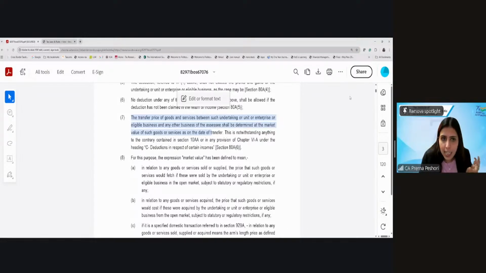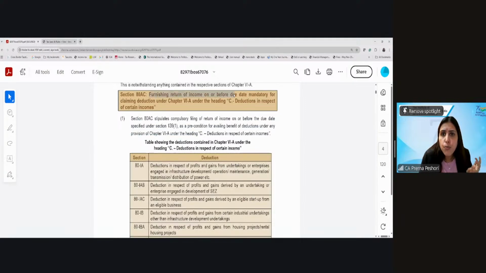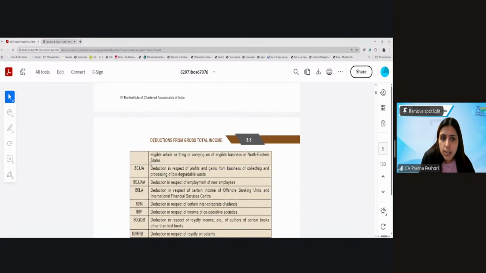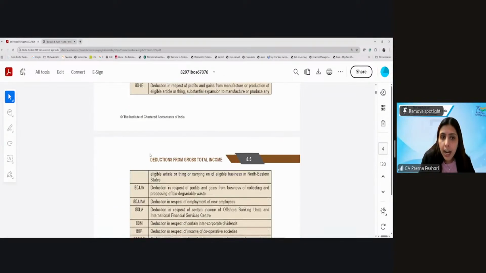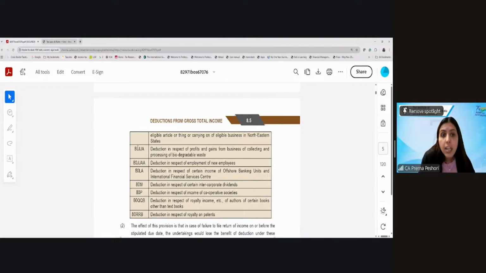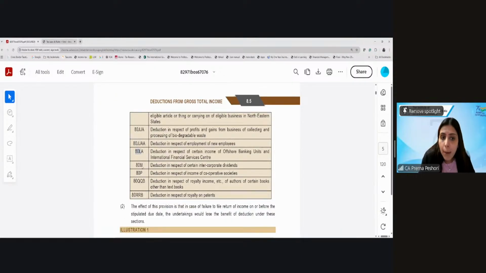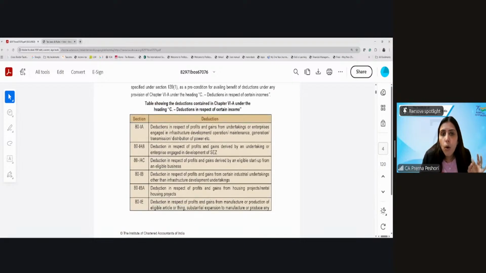Last point under ATIA before we go on to the break. ATAC requires you to furnish the return of income on or before the due date under 139(1). So if you claim these deductions under ATIA, ATIB, ATIAC, ATIBA, IE, ATJJAA, ATLA, ATM, QQB, RRB, you can only claim that if you file the return of income on time before the due date of 139(1).